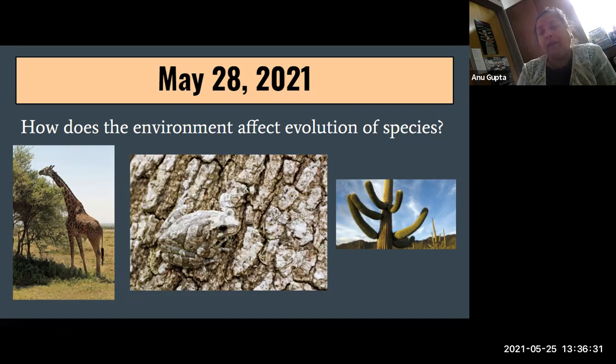So basically here, what are we looking at? The environment of the giraffe changed. The shrubs were gone and there were tall trees. So the giraffe had to evolve according to that environment and develop long necks. Now these frogs, to survive, evolved to camouflage with the surface, the bark of the tree.